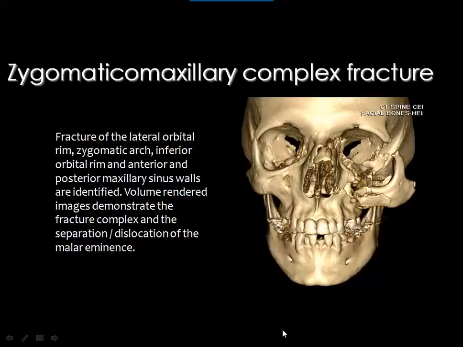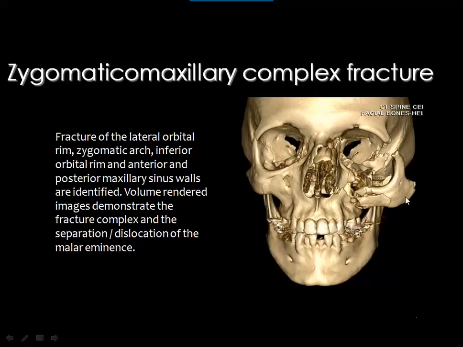This is a nice image of 3D reformation for a left-sided zygomatico-maxillary complex fracture. And you see there is separation of the zygoma at the zygomatico-frontal suture, at the zygomatico-maxillary suture, at the zygomatico-sphenoidal, and the zygomatico-temporal.